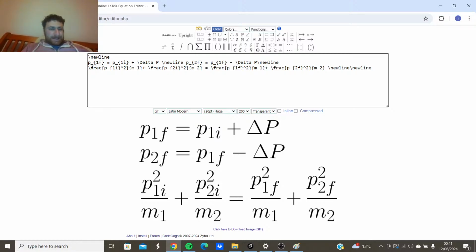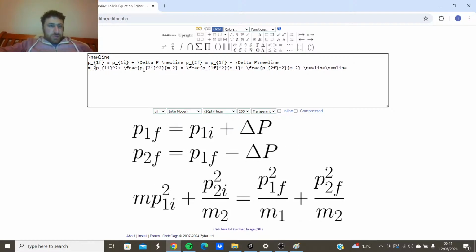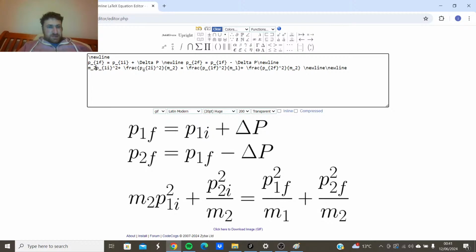Multiply both sides by m1 and m2. So this becomes no longer a fraction. M2 times that, right? Same for this one.